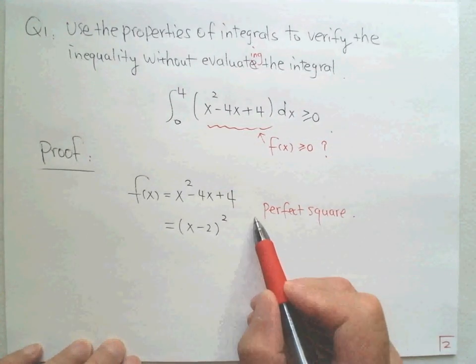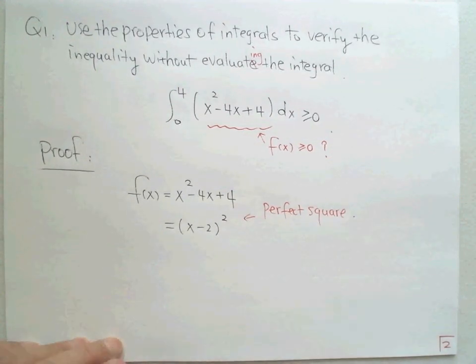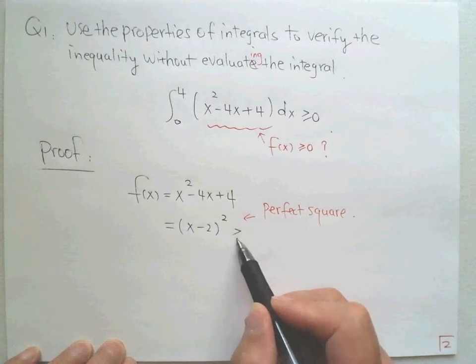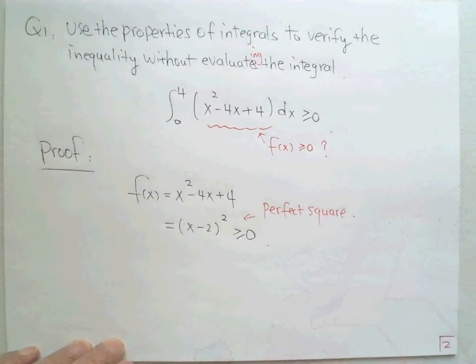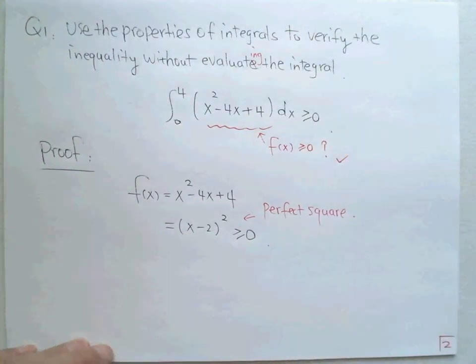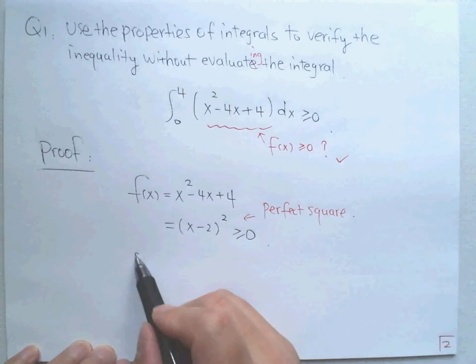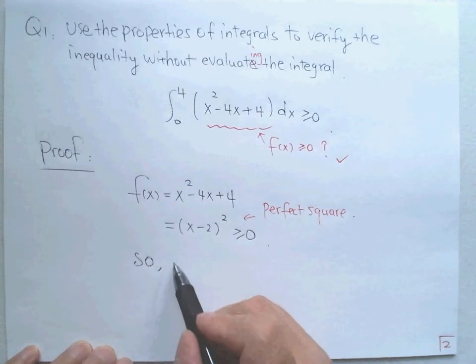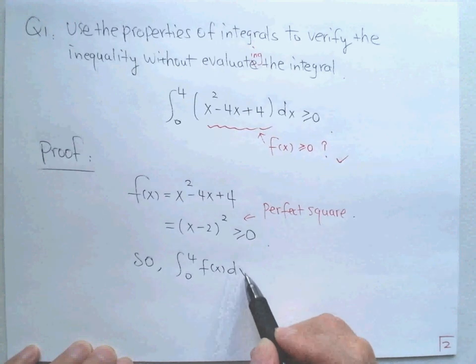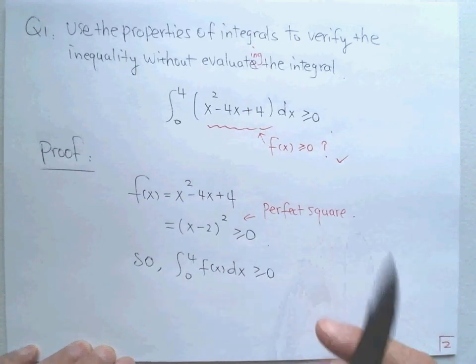We will have this, and then this is null, right? So this is greater than or equal to 0. That's true. If this is true, now we can get a solution. So we have this, and the integral from 0 to 4 of f(x) dx is greater than or equal to 0, right?